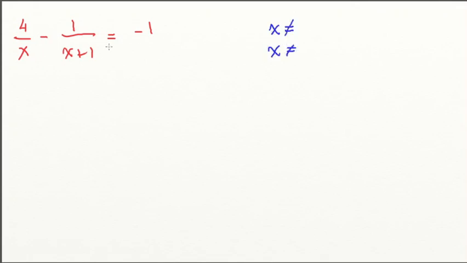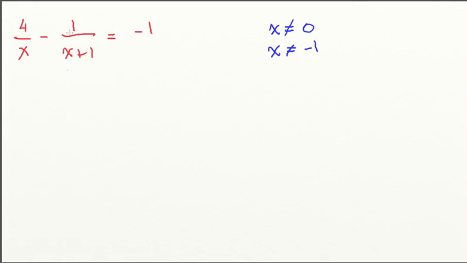From the get-go, I do have x as a denominator here, so x will have to be different than 0. Also, x plus 1 is in the denominator, so if my x would be negative 1, this would be 0. So x has to be different than negative 1 as well.